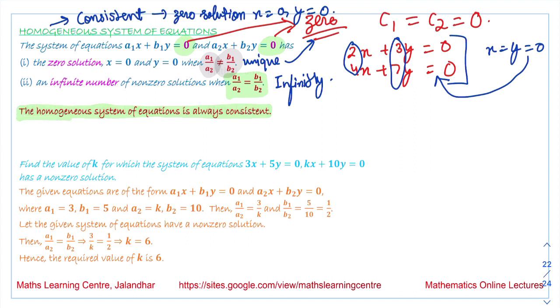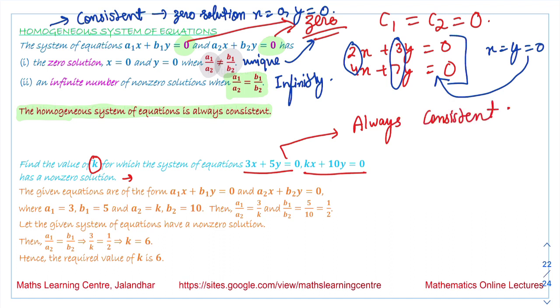Based upon this, we have this problem: for what values of k does this system of equations have a non-zero solution? I am again repeating, this system is always consistent. Consistent means we have two cases: either it has a unique solution or it has infinitely many solutions.